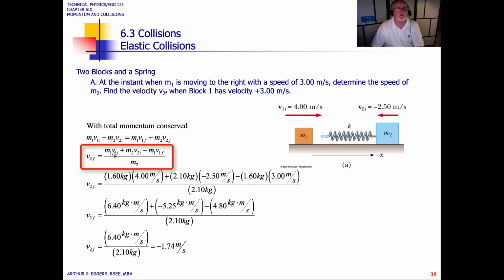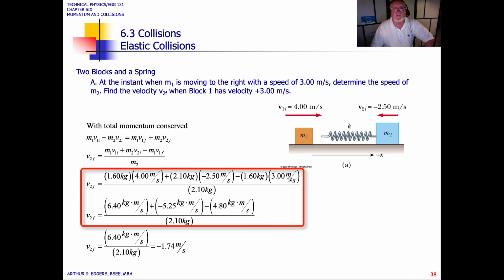So we've got mass 1 velocity 1 initial plus mass 2 velocity 2 initial, just as you see it on the left side, and then we subtract mass 1 velocity 1 final from the right side, moving it to the left side, and then dividing through by mass 2. In this case, we've got values for every one of those terms.